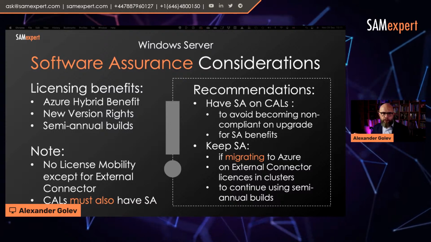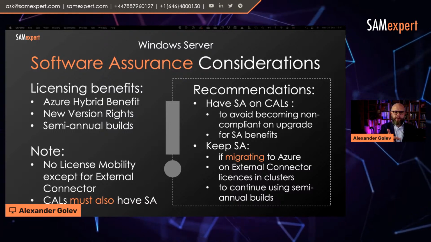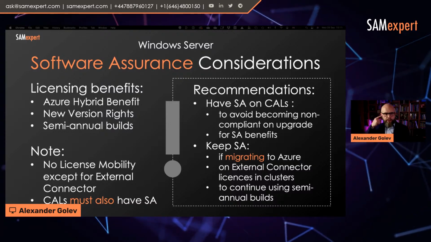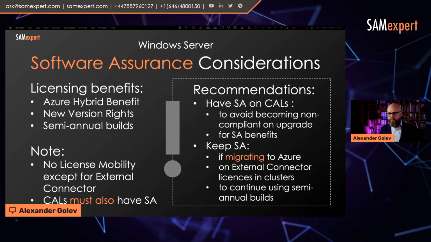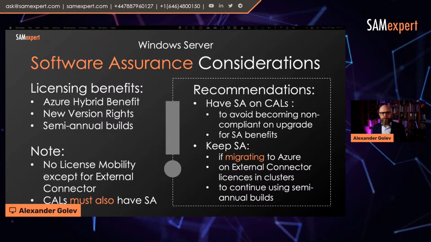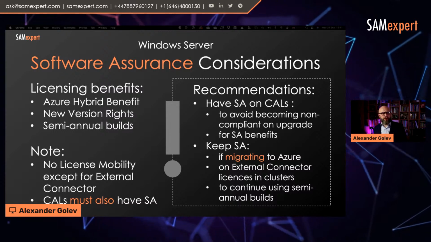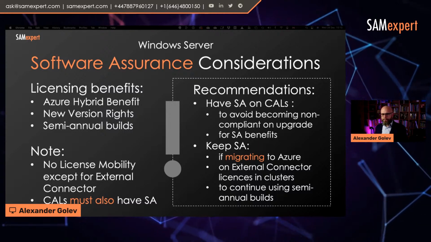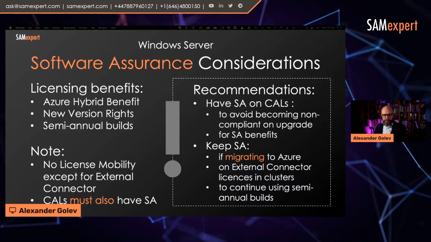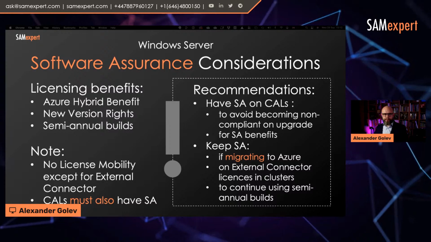It's very important to know. If your licenses are no longer covered with software assurance, because you forgot or decided not to renew, you have to uninstall semi-annual builds. By the way, in Windows Server 2022 there will be no more semi-annual builds, as per Microsoft's news. But if you're running Windows 2019 with semi-annual builds, it still applies to them.